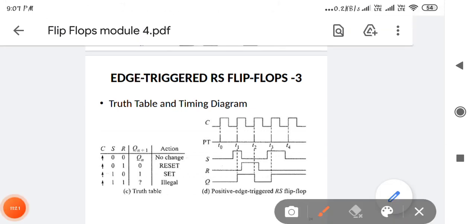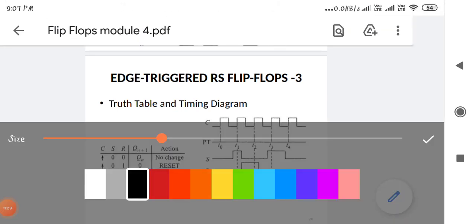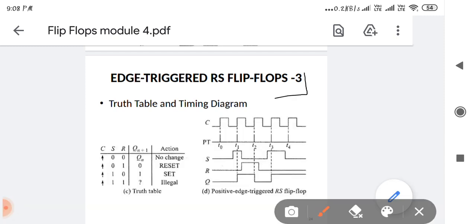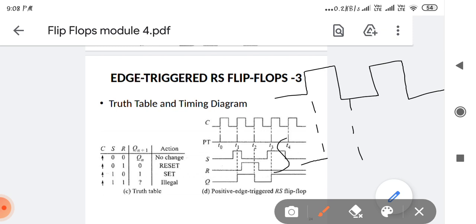Here the clock is, can we see the graph of that one? The clock is high, low, low, high, low, high, low. It is a clock. Next comes S. When it is high, I am going to take the high.